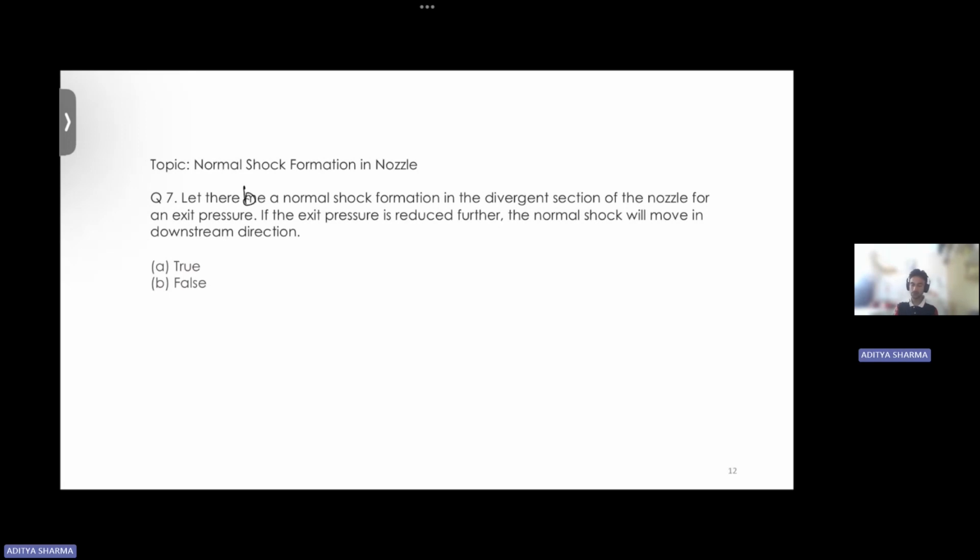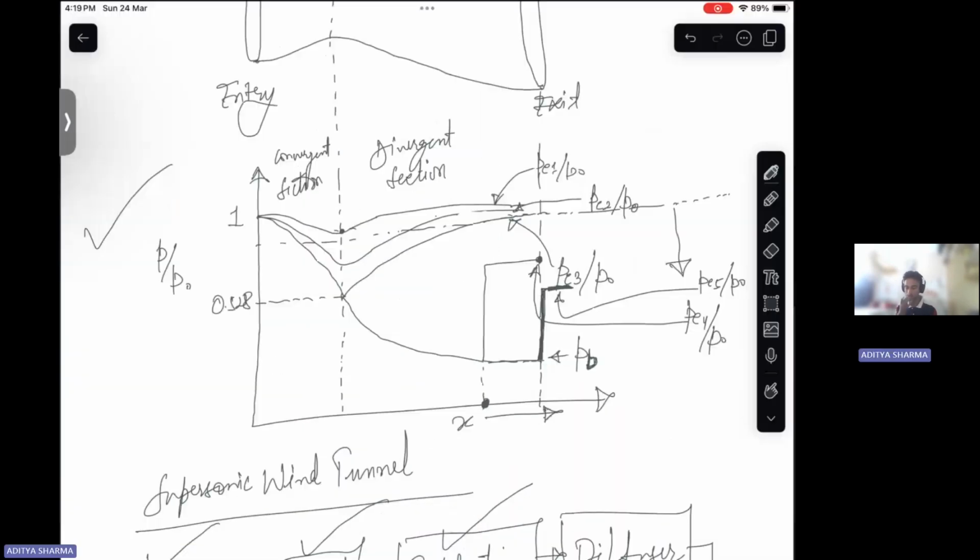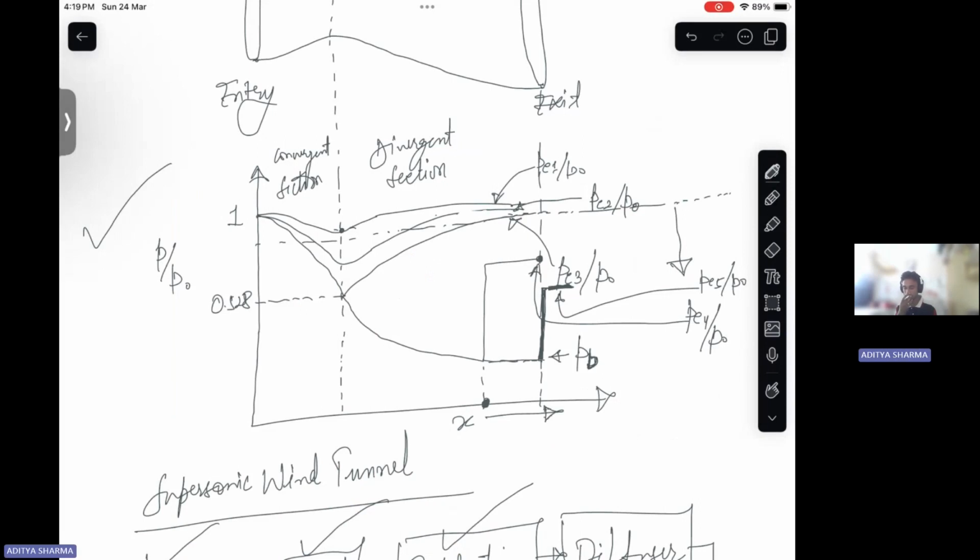So I have just mentioned, if there is this exit pressure PE4 where we are getting some normal shock, and if you see this PE5, obviously from the graph you can see that I have consciously kept PE5 less than PE4.